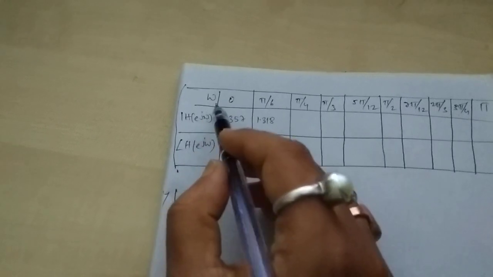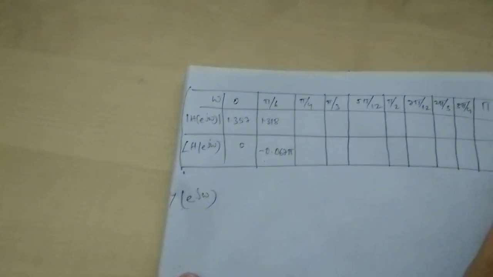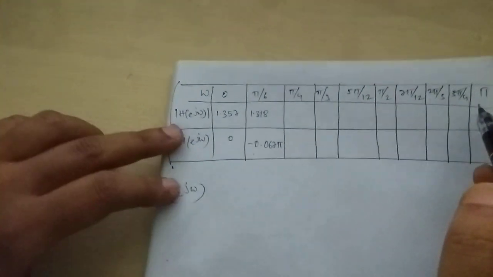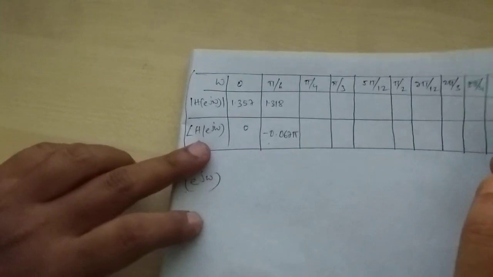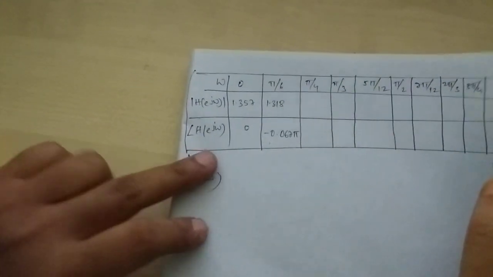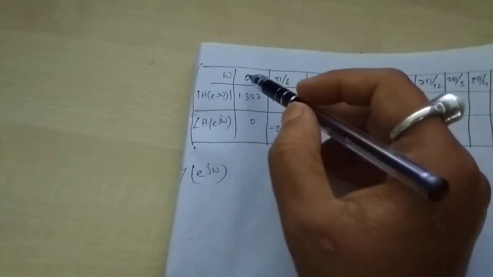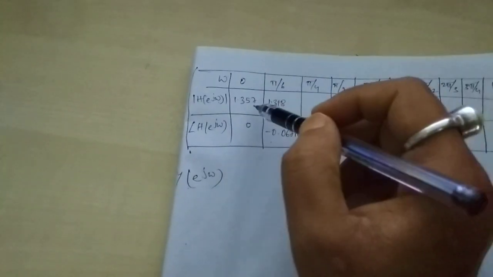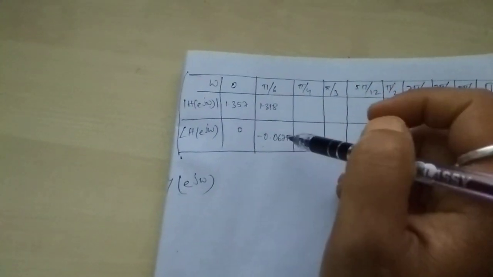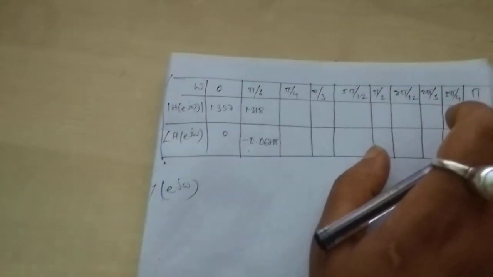The first table shows values of omega varying from 0 to pi, then the modulus of h of e to the power j omega, and then the angle. You put the value of omega and write the corresponding magnitude and angle. You complete this graph and post it in your group.